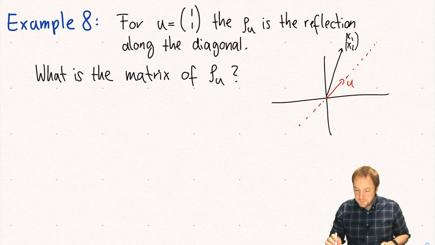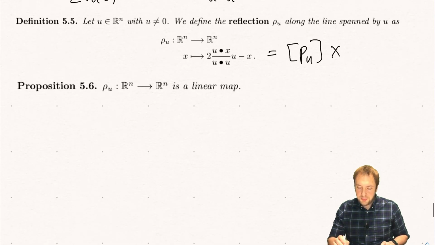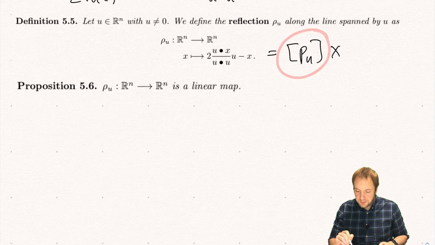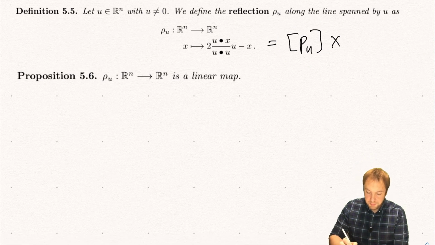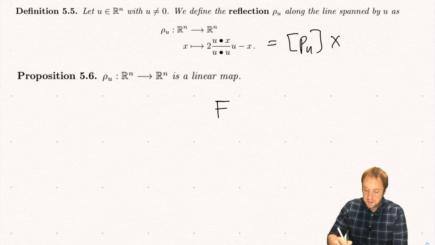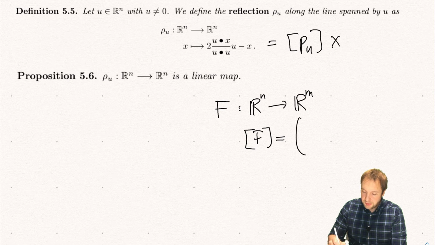And for this, we now want to write down the matrix of this reflection explicitly. And recall last time that if I have a linear map F from R^n to R^m, then the matrix of F was given as follows.